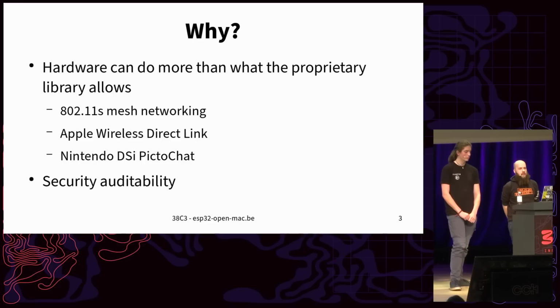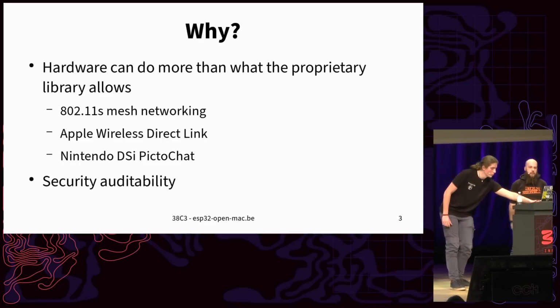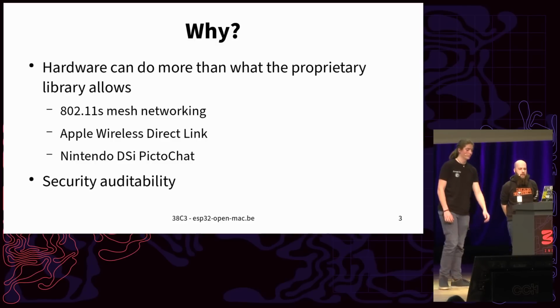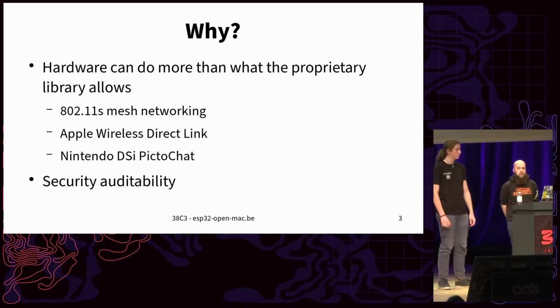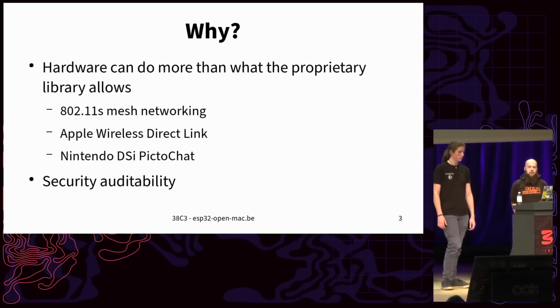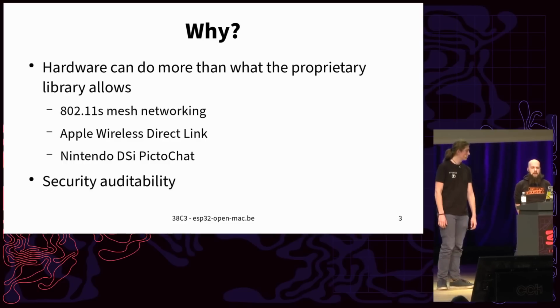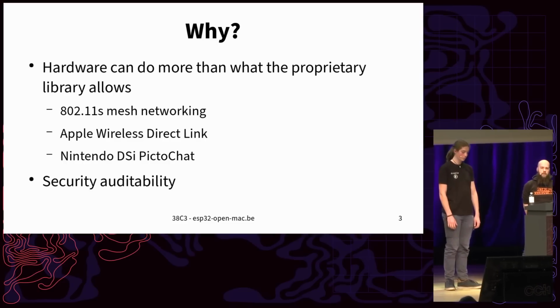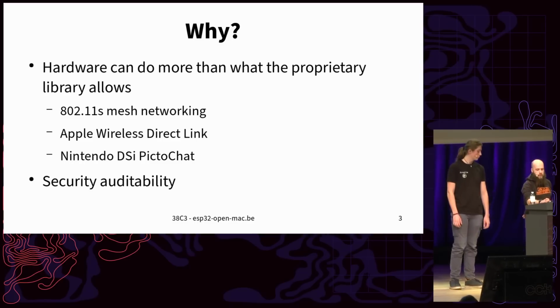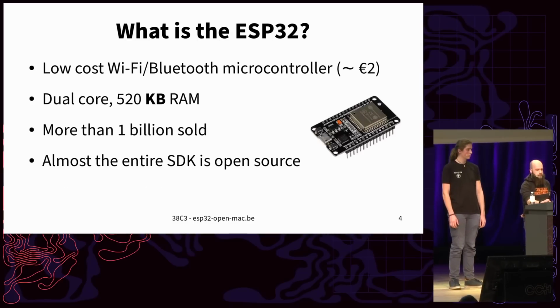The Wi-Fi stack has a very large attack surface, but the binary blob is not really auditable. And then a final reason to reverse engineer this hardware is to allow using the Wi-Fi on other programming languages or other real-time OSs than the C/FreeRTOS that the ESP32 SDK ships with. So this gives us a lot more flexibility.